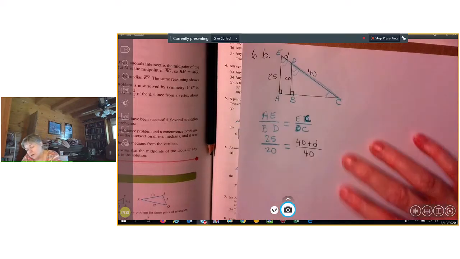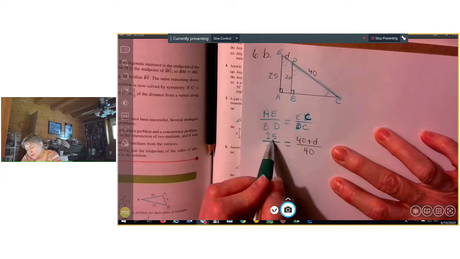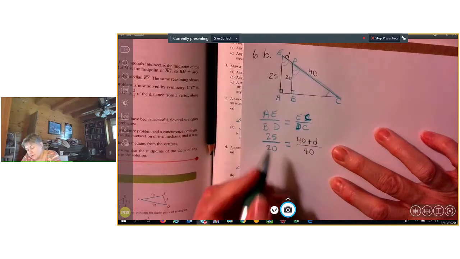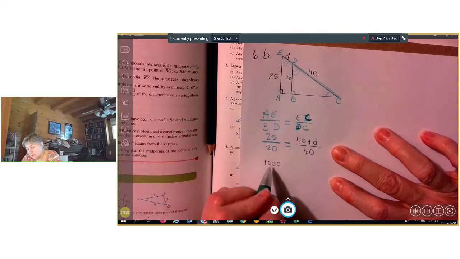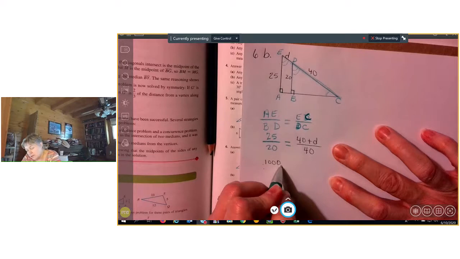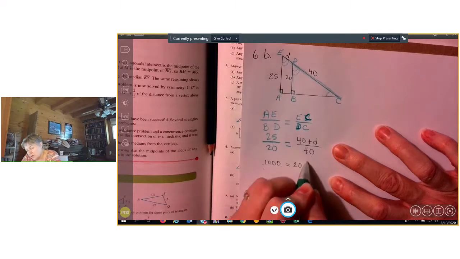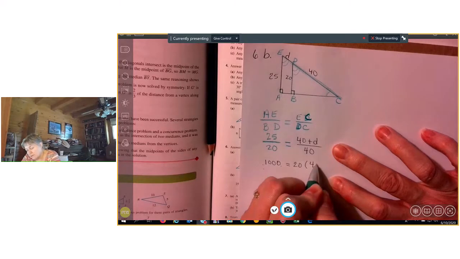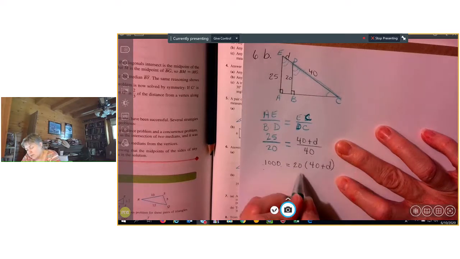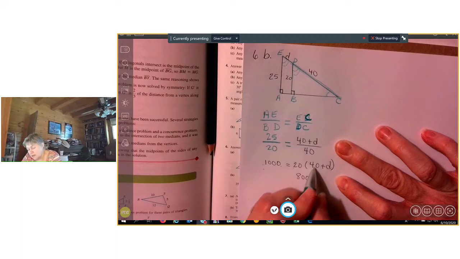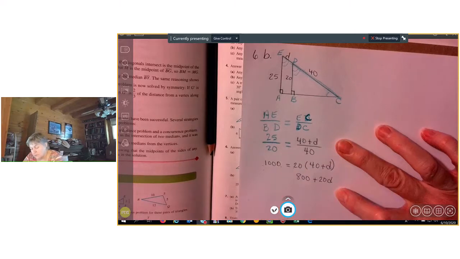So as we're looking at this, 25 times 4 is 100, and then add a 0 makes 1,000, and that's going to equal 20 times 40 plus D. So 20 times 40 is going to be 800. 2 times 4 is 8, and then add your 2 zeros, plus 20 times D is 20D.